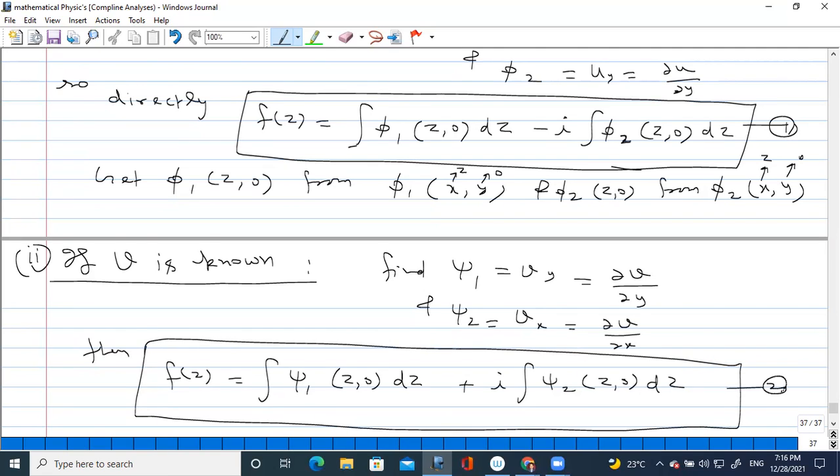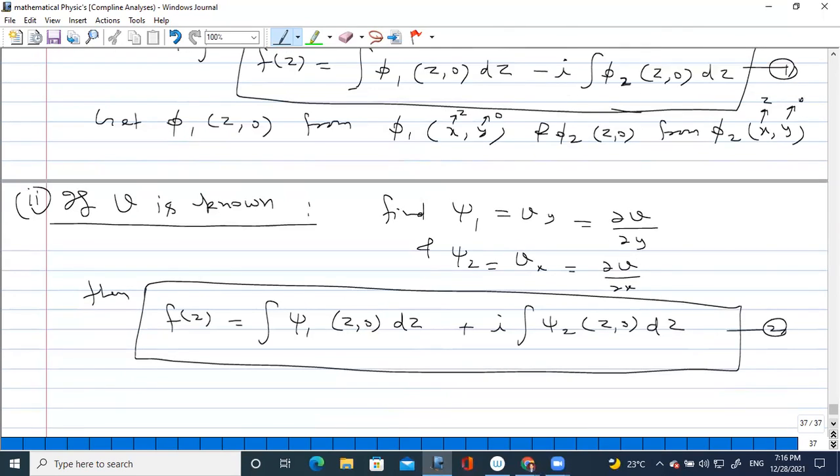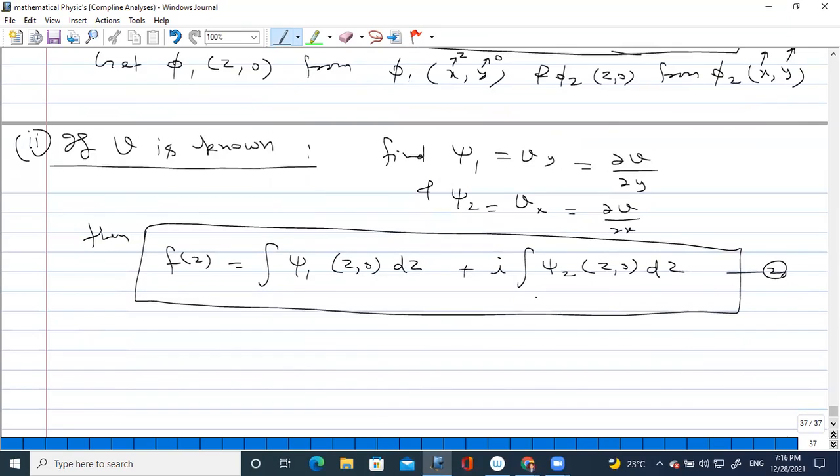So quickly you can apply and put here, and from here you can find out v. Whichever method you are comfortable with, you can use that. And similarly psi1(z,0) is similar. In place of x you put z, in place of y you put 0. In a similar way you can find psi1 and psi2.